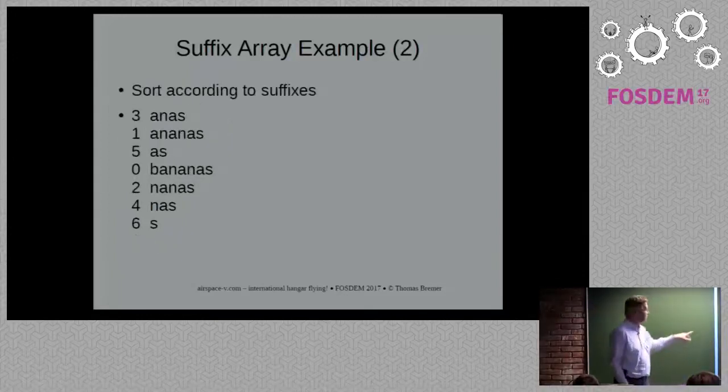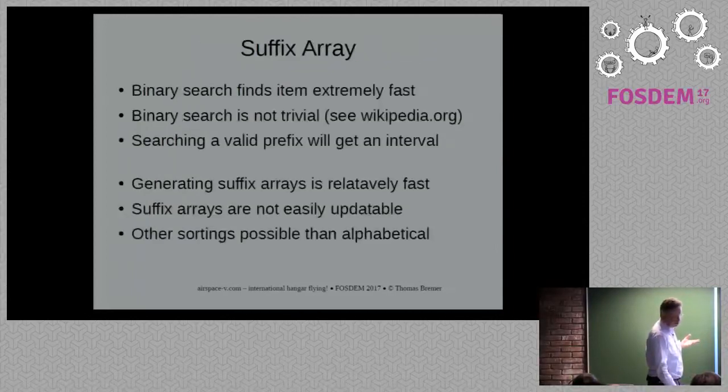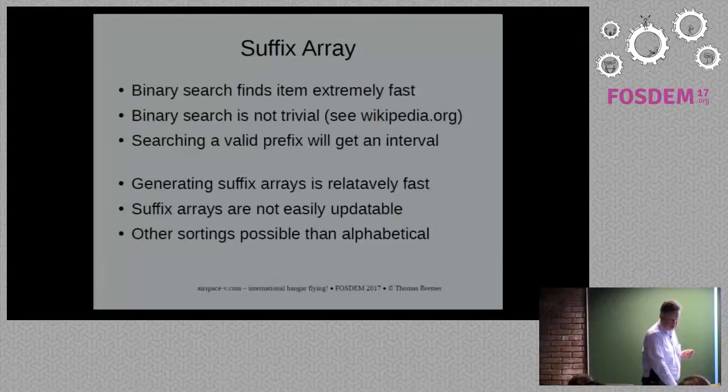Then we order these pairs of index and string according to the string. In this data structure, we can do binary search, and by this method find each string according to its match, or just do some prefix match. You already notice I'm getting a bit faster because time is running out.